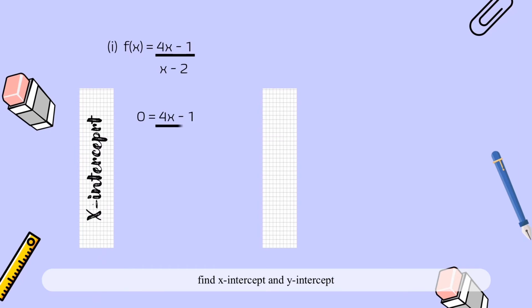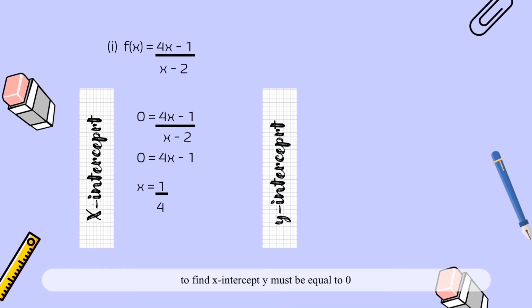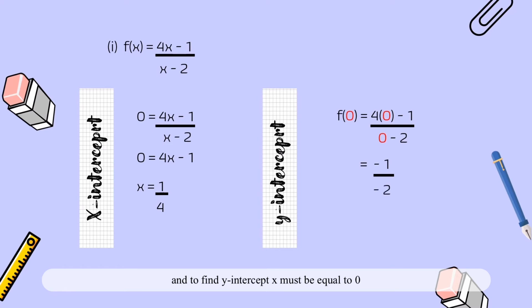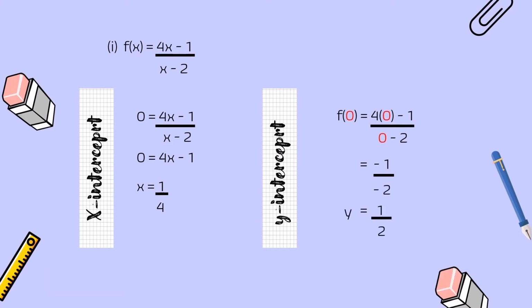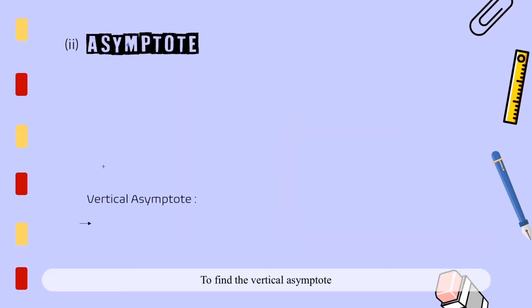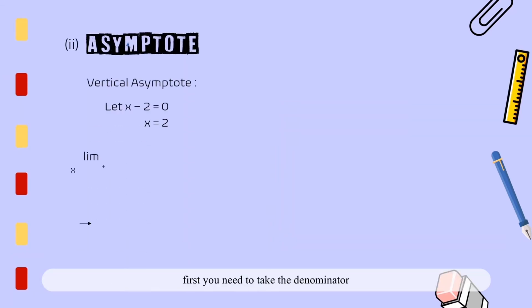Find the x-intercept and y-intercept. To find the x-intercept, y must be equal to 0, and to find the y-intercept, x must be equal to 0. If you want to find the vertical asymptote, first you need to take the denominator of the function and set it equal to 0.